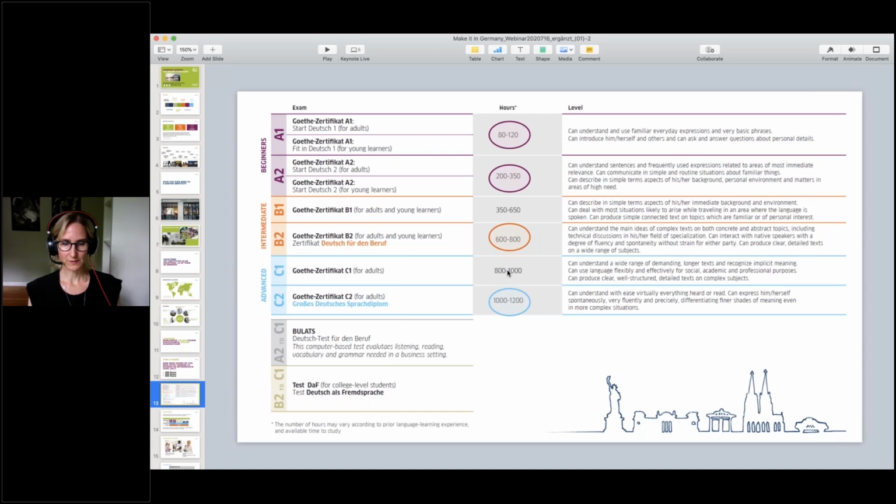And obviously there's different ways of learning the language, and you can choose different paths to do it. But you will also see on the right-hand side here, those are the targets and the goals you have to achieve on those certain levels.